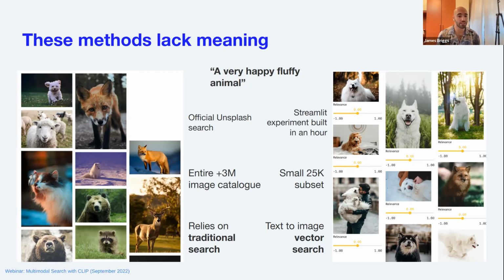And this was just built super quickly. But because we're using the CLIP model, which focuses on understanding the context within an image, you get immediately more accurate, or more human, results.